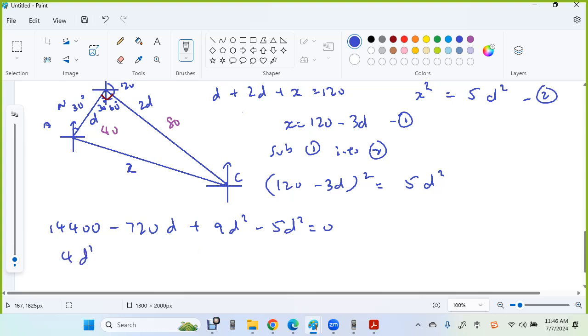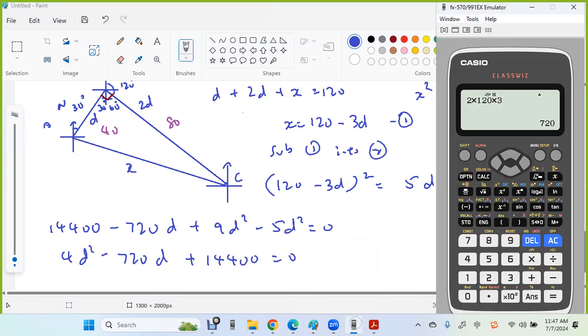Then we have 4D squared minus 720D, and then plus 14400 equal to 0. We have to use the quadratic equation formula.